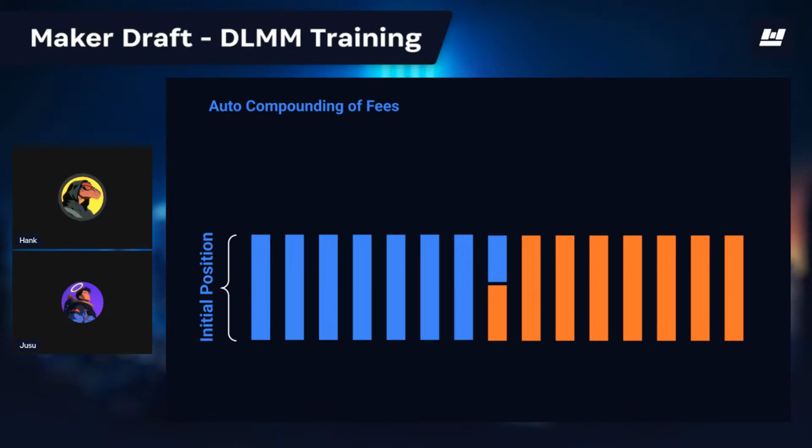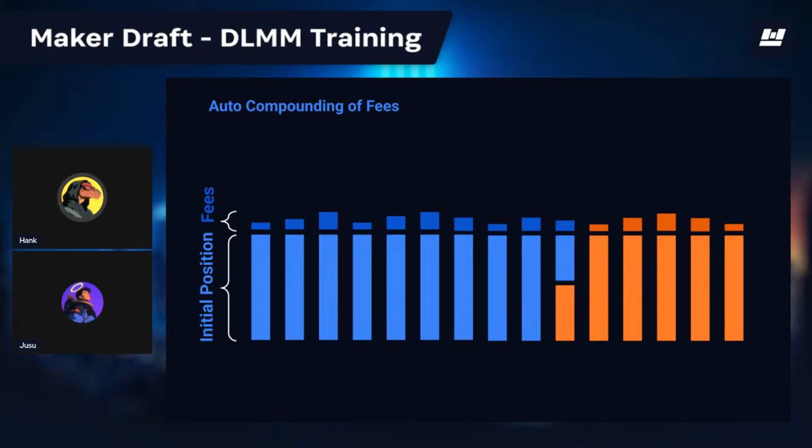So let's say you have here an initial position, token A, token B, and the price moves up and down from the left to the right to the left. In the top, you will see that the shape of your liquidity will start to have these little hills. These are the fees that have been auto compounded.